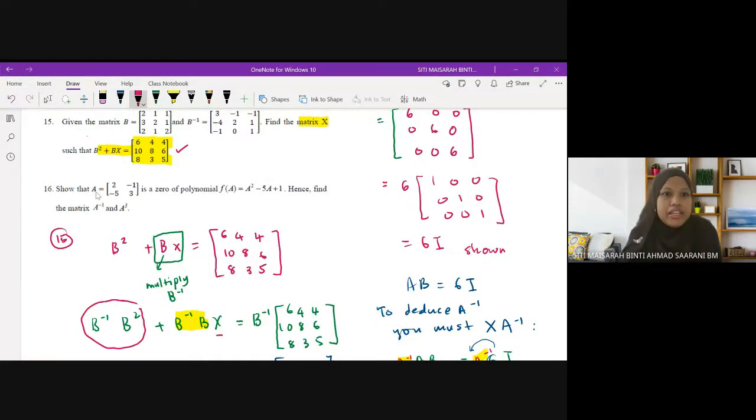Okay. Show that A, matrix 2, -1, -5, 3, is a zero of polynomial f(A) equals to A square minus 5A plus I. This is plus I. Hence, find the matrix A inverse and A cube.